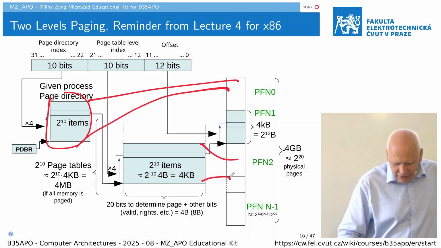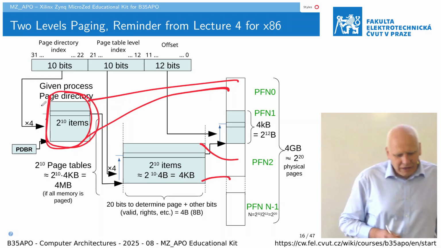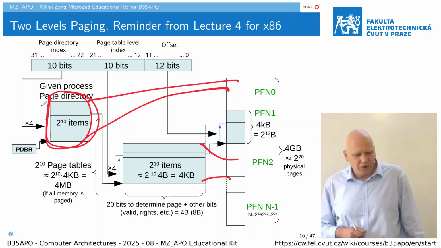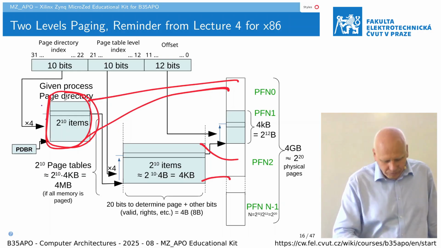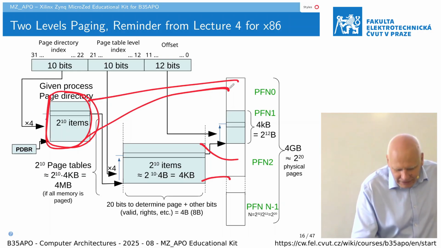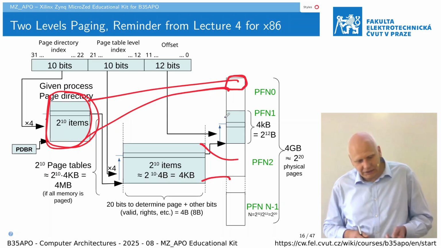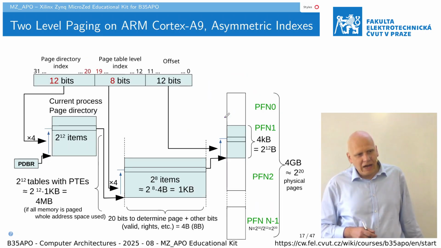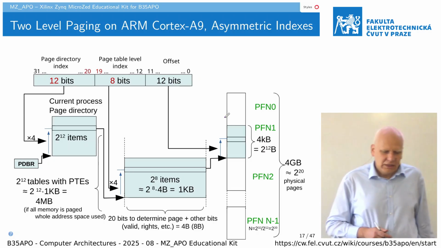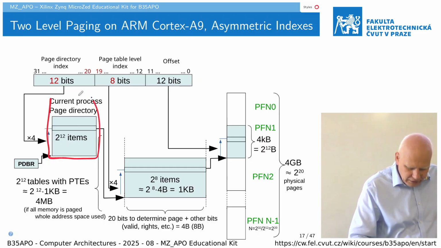So the rule is that a segment of 1024 entries of 4 bytes takes 4 kilobytes, and this is agreed to be the same size as the page. For the case of ARM, there is a difference. They decided that you need a 16 kilobyte page directory.